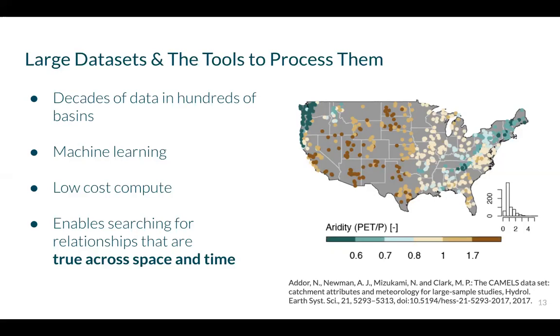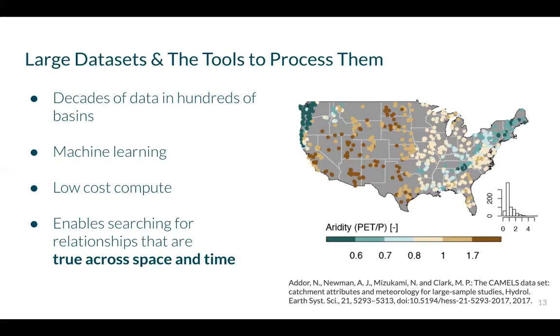So I'm not just looking for how does precipitation relate to streamflow in my one particular basin. I'm looking for how does precipitation interact with temperature and with vegetation on the ground and all of the other inputs to produce streamflow anywhere in the world. And those relationships that are true across space and time, that at its core is a physical relationship.